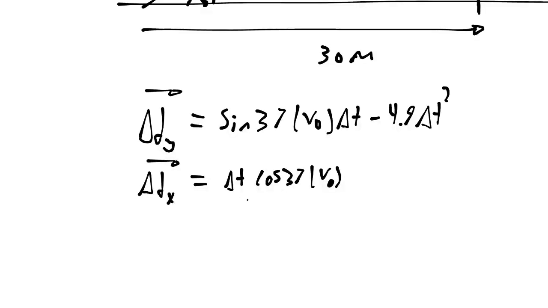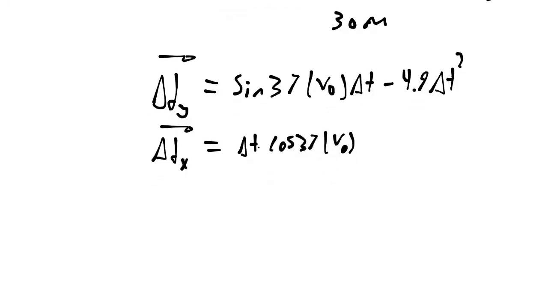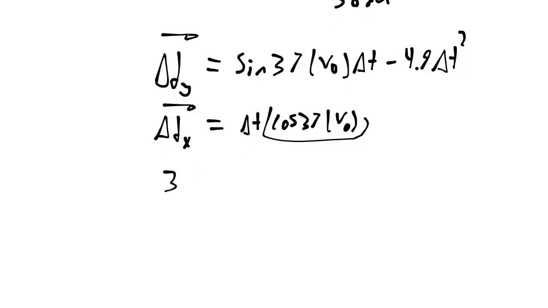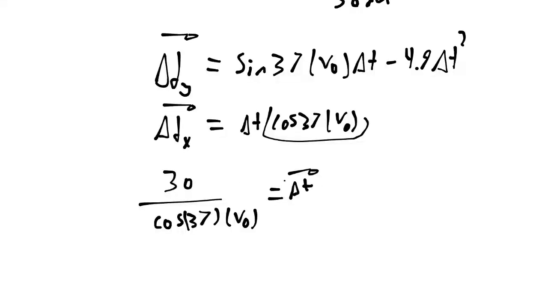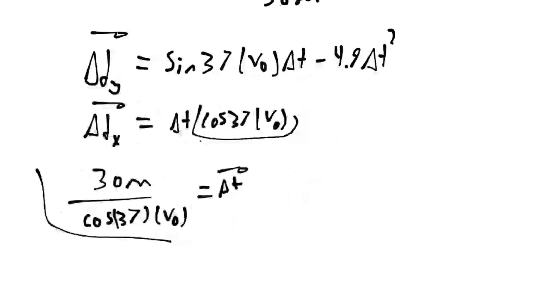If you rearrange, you move this all the way to the other side, then you're going to get 30 divided by cos 37 degrees times V naught, and that would equal delta t. Now you're going to take this entire thing and put it back into this equation.